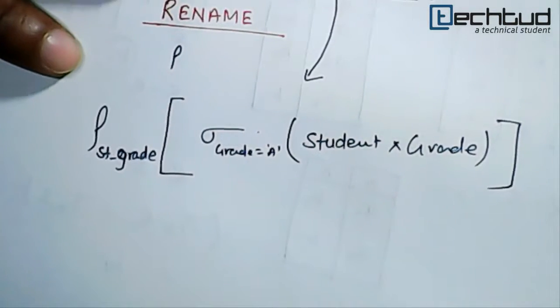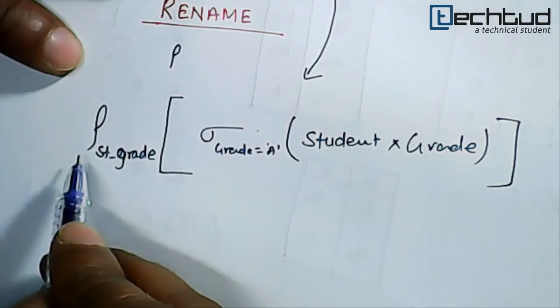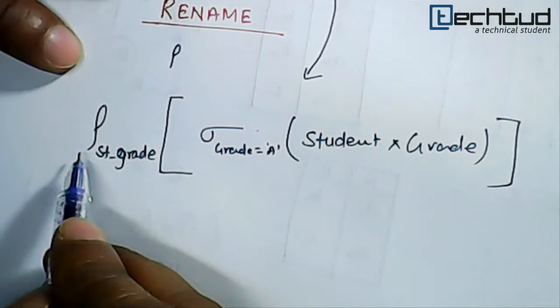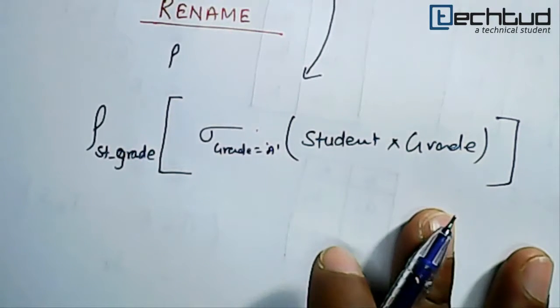Using this sign rho, the rename operator, we can give it a name.